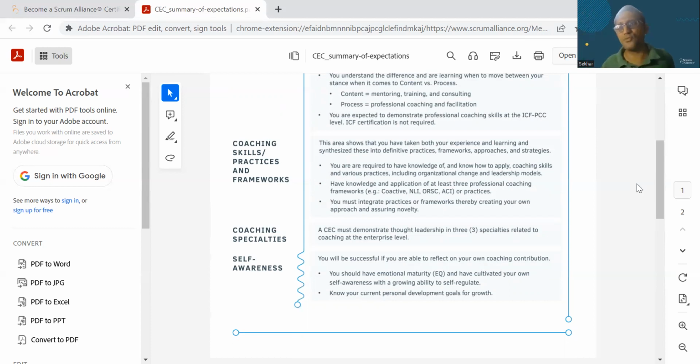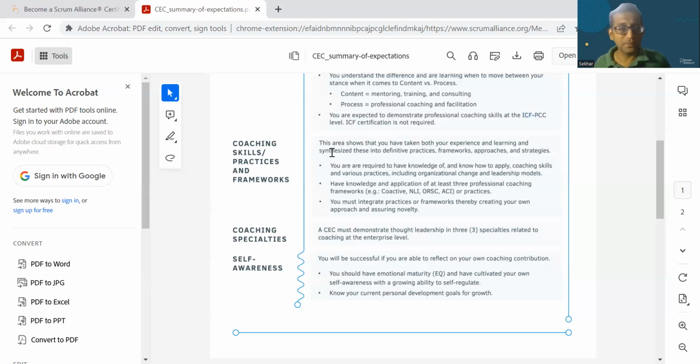You can search for the coaching competencies of ICF PCC, and this is the bar that we usually look into. This kind of professional coaching skill is something that we look for. Someone can always go to the ICF website and look at the coaching competencies, and this is something most of the reviewers look for.